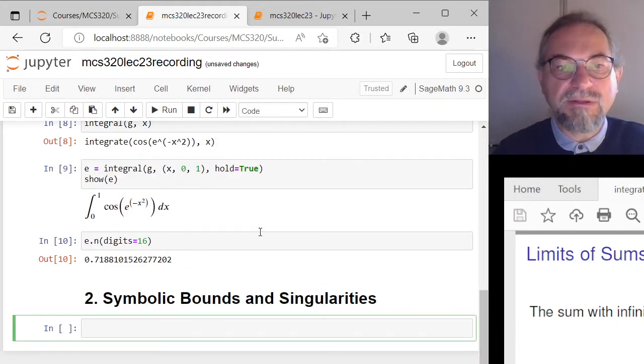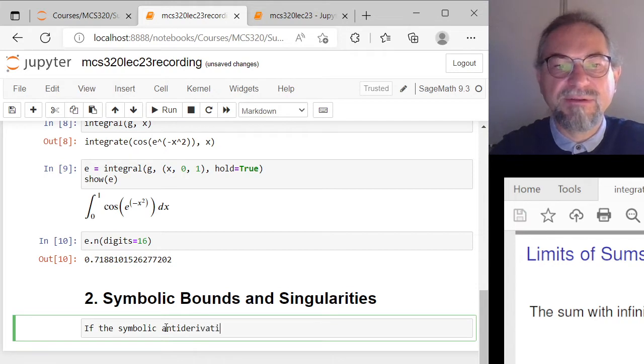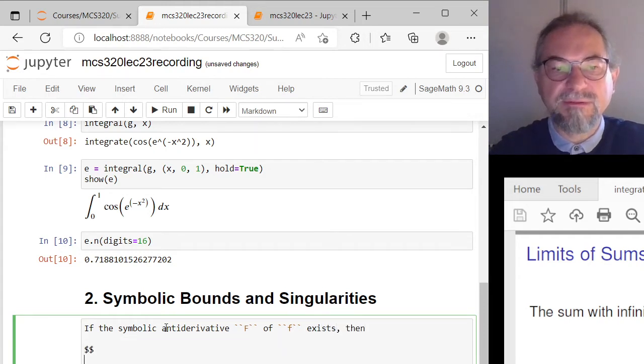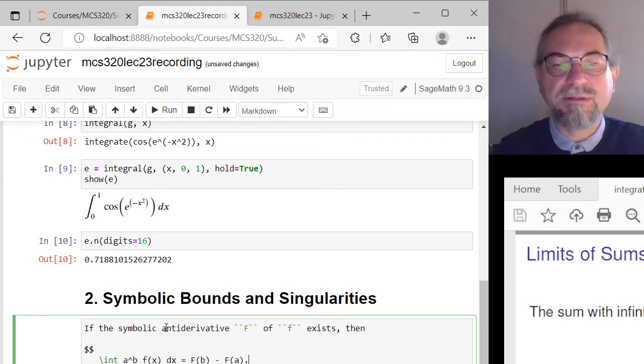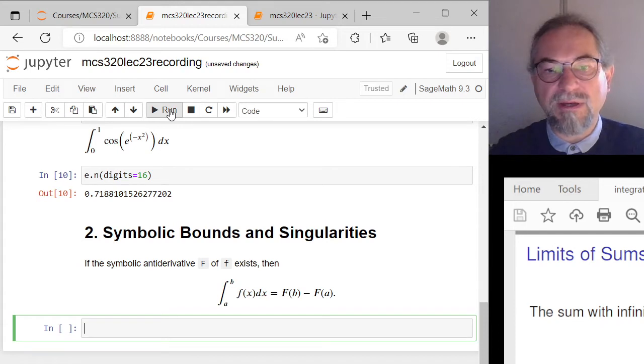If a symbolic antiderivative, capital F of little f, exists, then the definite integral of the function f of x can be obtained by simply evaluating the antiderivative at the bounds.